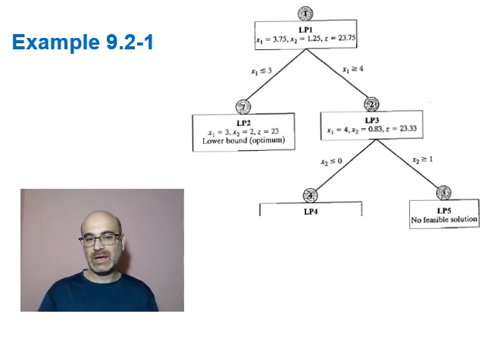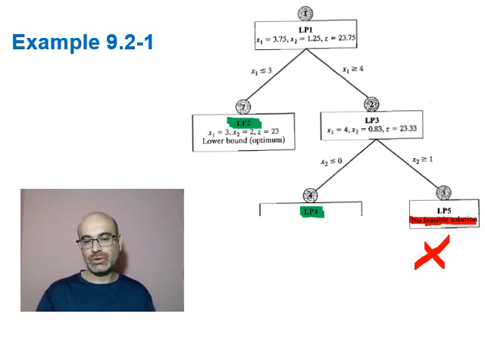We said that LP2 is still not fathomed, LP4 is also still open. And for LP5, we have seen that it doesn't have any feasible solution, so we fathomed this one. So the only open nodes are LP2 and LP4. We are going to select one of them. Let's select LP4 and continue with it.